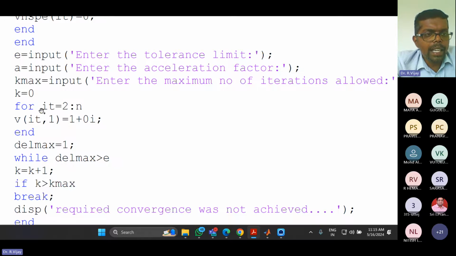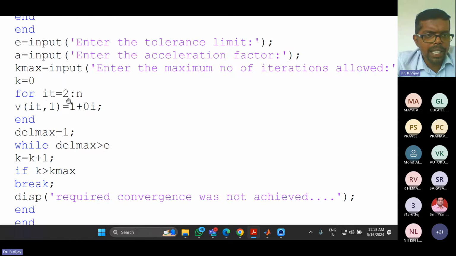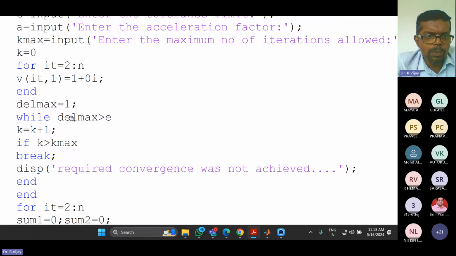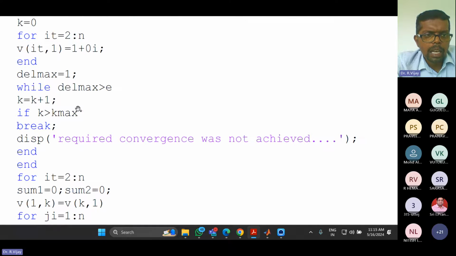Next, you make another for loop for the iteration, 2 up to n. V of iteration 1, that is the flat start, 1 at the angle of 0 degrees. We take that, and the del maximum we take as 1 first, that is the change in the voltage value. Then we take another while loop, where you compare for convergence. You need to calculate the change in the voltage for that particular iteration.